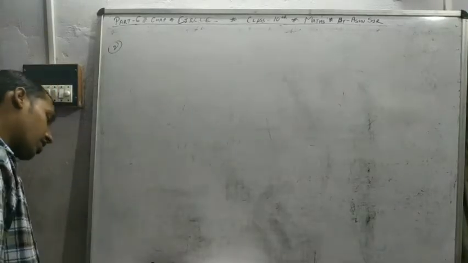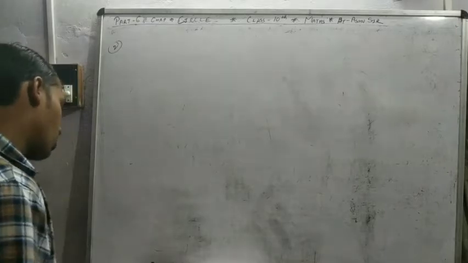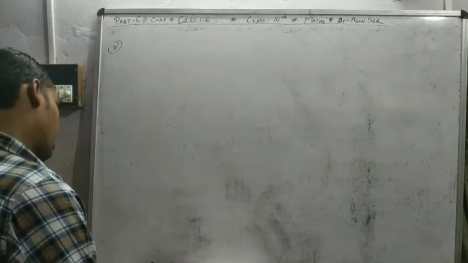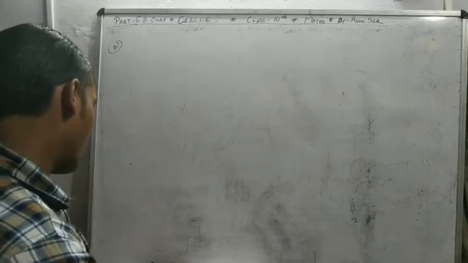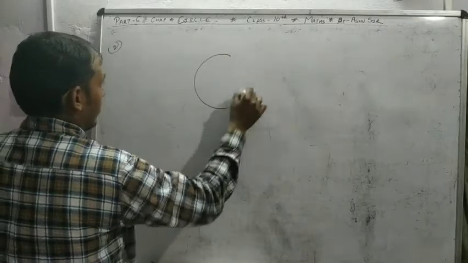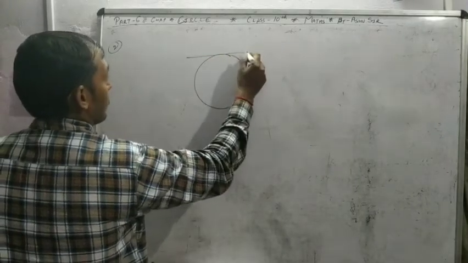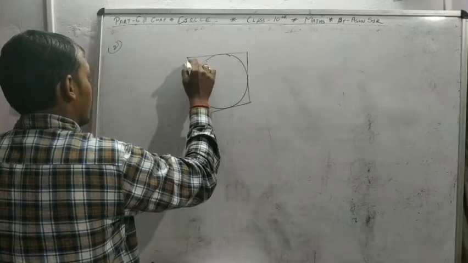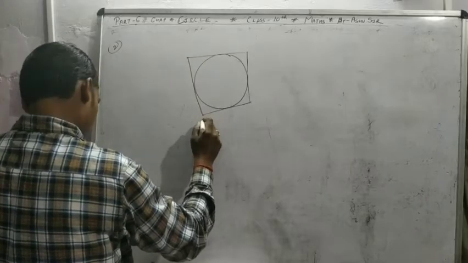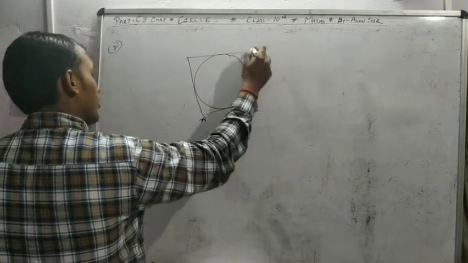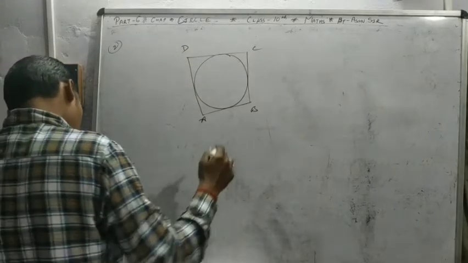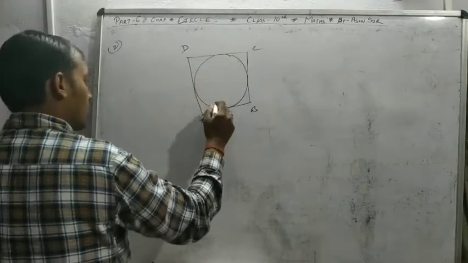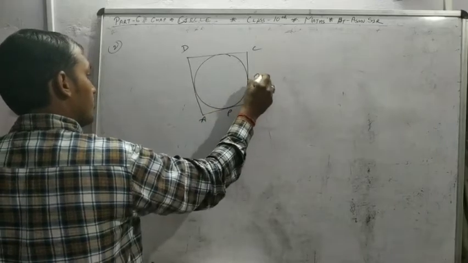In the given figure, a circle touches all the four sides of a quadrilateral ABCD with AB 6 cm, BC 7 cm, CD 4 cm. Find the length of AD. ABCD is a quadrilateral and the circle touches inside the quadrilateral.